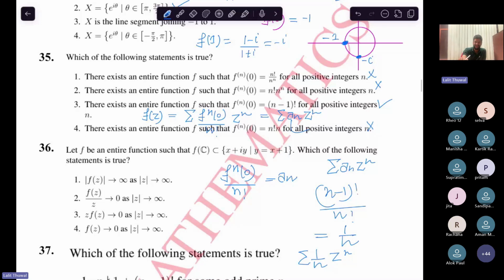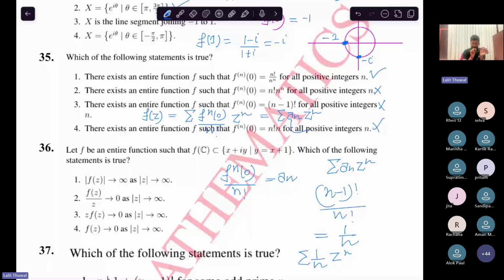So what I said is that its radius of convergence is 1. Such a kind of function cannot be entire. Okay, so all of 2, 3, and 4 will satisfy this. Their radius of convergence, when you divide them by n factorial, comes out to be less than infinity. So you all can check that. Sorry for the wrong mark. Do you get the idea behind it?